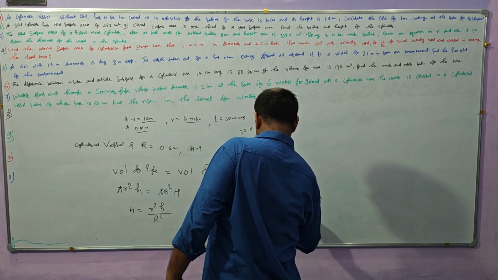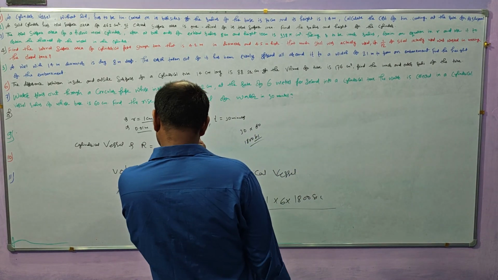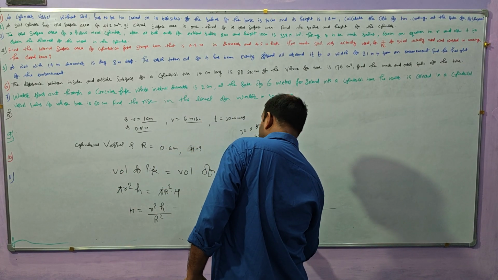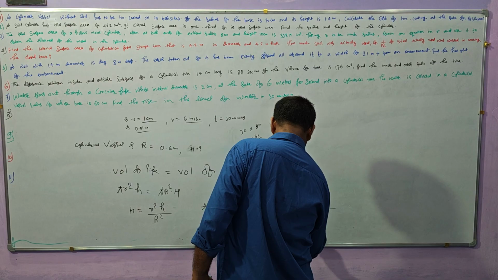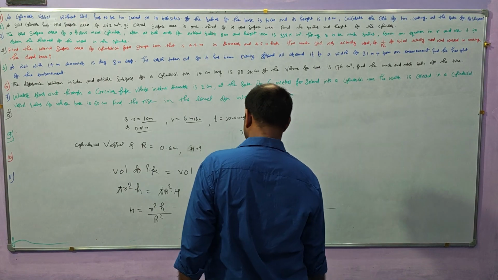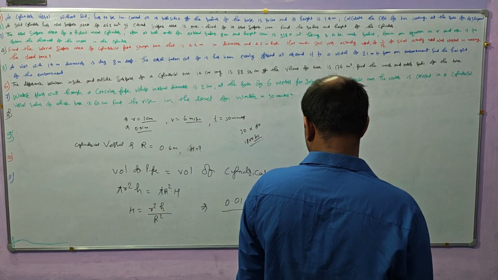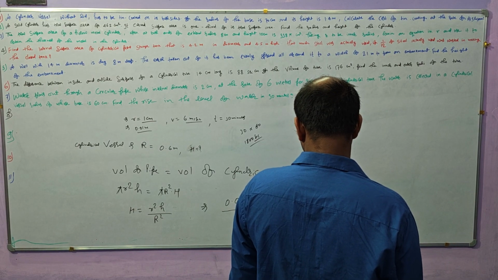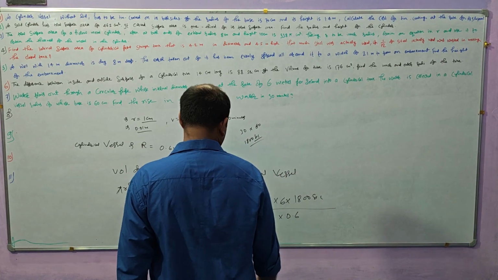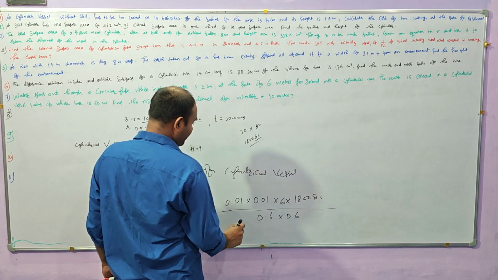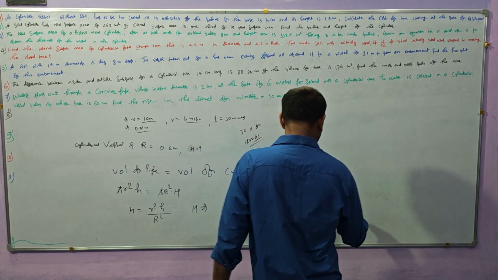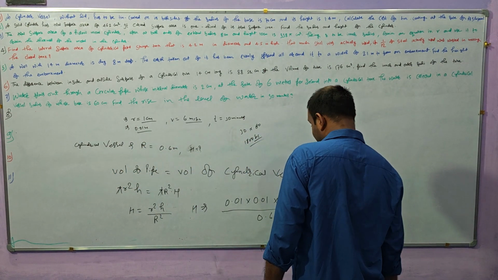Now the radius of this would be 0.6 into 0.6. So we get a height h, and that is in meter.